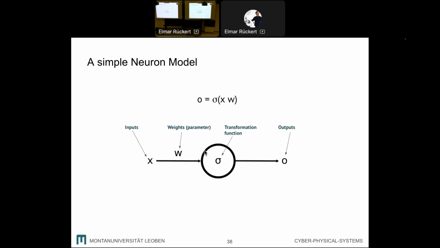Now, in mathematical terms, I can say the output is given by a function called sigma that takes as input the product of x times w. That's the mathematical function that is implemented by this neuron. It's a single neuron that multiplies these two elements, passes it through this transformation function, and produces the output.